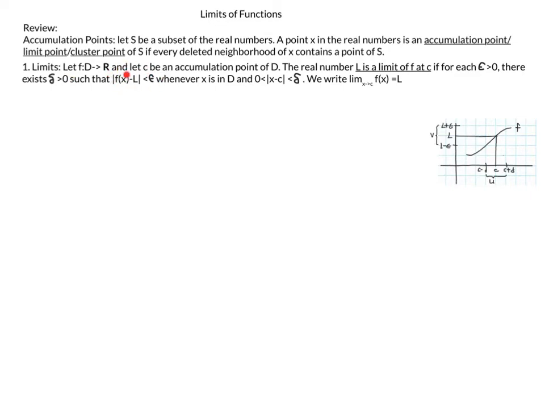So this function minus L is extremely small. So the function starts to approach L. The distance between f of x and L approaches 0 whenever x approaches C, when the distance between x and C gets very small.